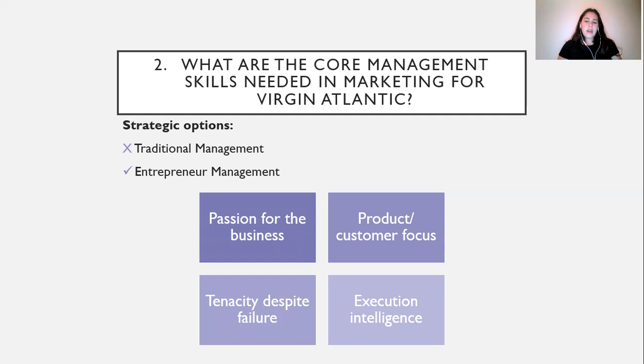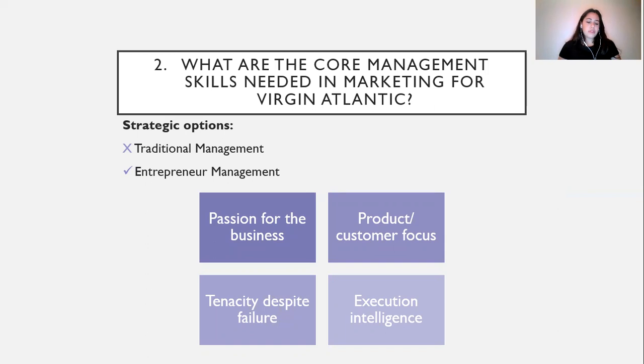So we can here use this framework that is the 4 primary characteristics of a successful entrepreneur. And the main characteristics that they have is to have passion for the business, be product or customer focused, but we see that in this case it is customer focused, tenacity despite failure, and execution with intelligence.